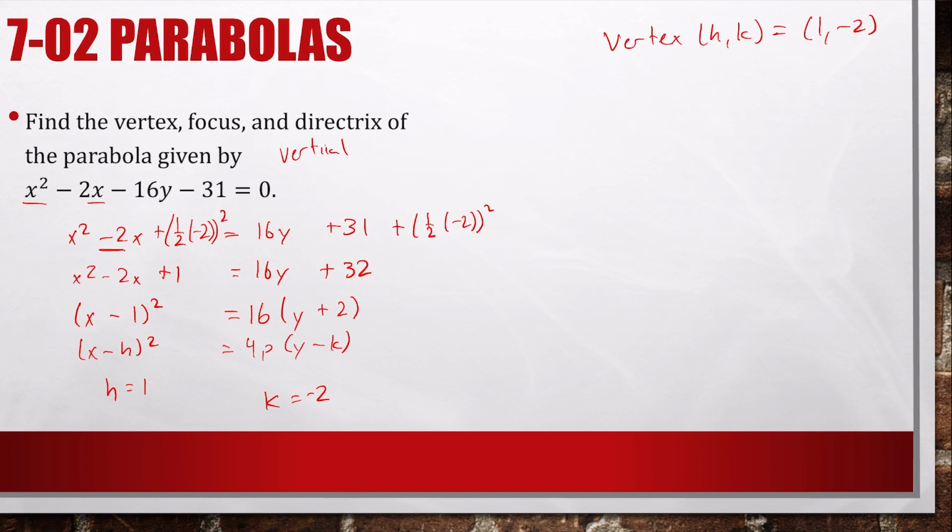We can also compare the 16 and the 4p to get p is 4. Therefore, the focus, which was (h, p plus k), will be (1, 4 plus -2), or (1, 2).